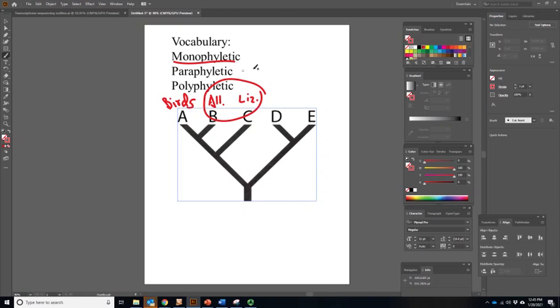Later, as we gathered more data and did more analyses, and this was realized especially as we got more fossils, even before we had good genetic data, but the genetic data has just confirmed it, that birds are more closely related to alligators than they are to the other living reptiles. Birds are actually part of the dinosaur group, right? So they're more closely related to the theropod dinosaurs than they are to other dinosaurs.